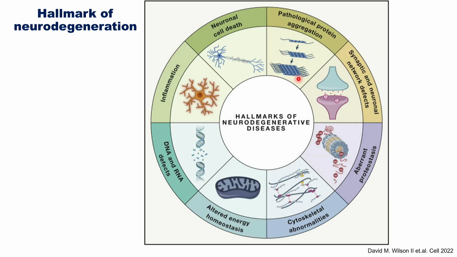So what are the hallmarks of neurodegeneration? First is neuronal cell death or pathological protein aggregation, synaptic and neuronal network defects, aberrant proteostasis, aberrant degradation of proteins, one of the most common examples of which is APP.